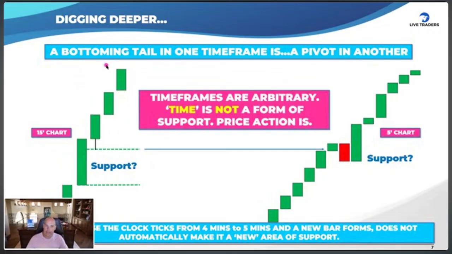A bottoming tail in one time frame is a pivot in another. Just because the clock ticks from 4 minutes to 5 minutes and a new bar forms does not automatically make it a new area of support. A lot of people think, oh, the bar finished, so now the previous bar's low is some level of support. Why? Why? Think about what I'm saying here.